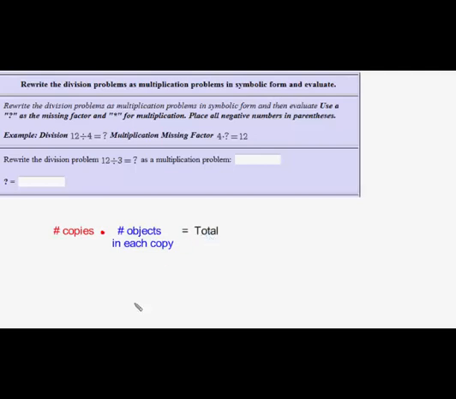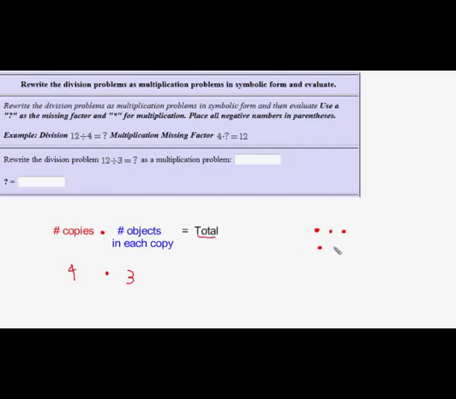So for example, if I told you that I had 4 copies of 3 things, we thought of that as: here are 3 things and I am to make 4 copies of those 3 things and then add them all up to find their total.